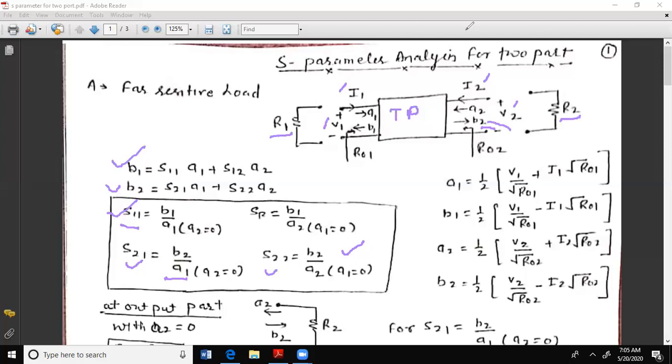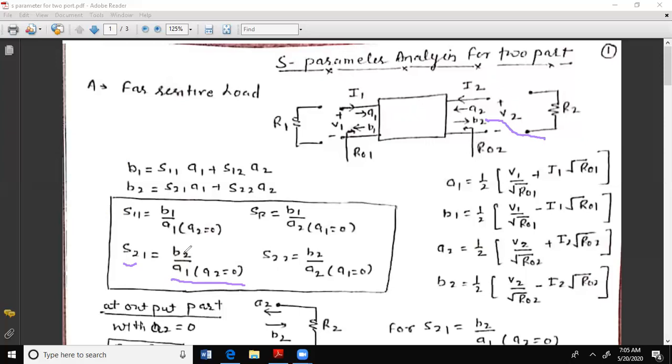S21 is B2 by A1 when A2 equals 0. B2 represents the power transmitted to the load R2 termination, so this is the power transmitted with respect to A1. So this is the forward transmission coefficient, because A1 is the incident and B2 is the transmitted. So this is known as the forward transmission gain.